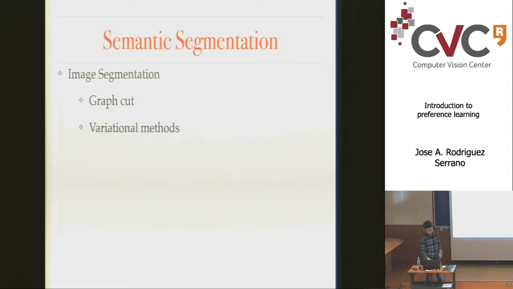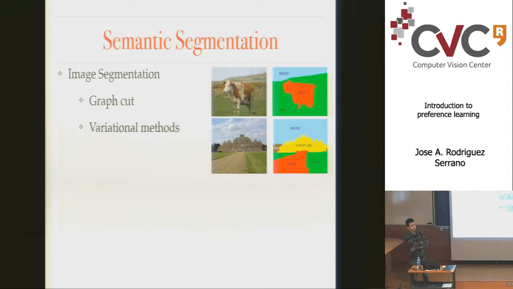Of course, all of you know that it's a classic problem for 2D images. The idea is to label the given RGB image with different given labels. There have been many techniques around, like graph cut or variational methods, that are energy-based minimization.